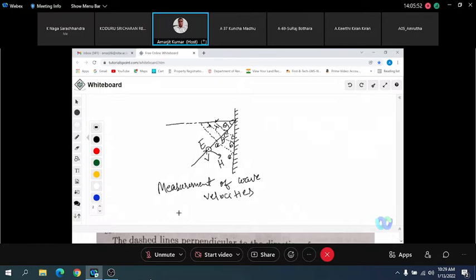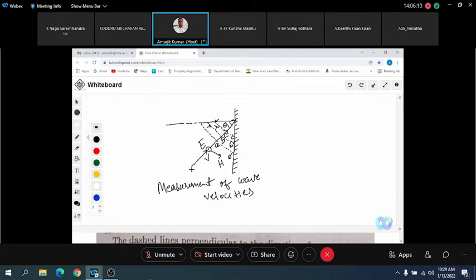So what you are seeing in this figure for phase and group velocity? Measurement of wave velocity, phase and group velocity. Basically this is the incident direction.